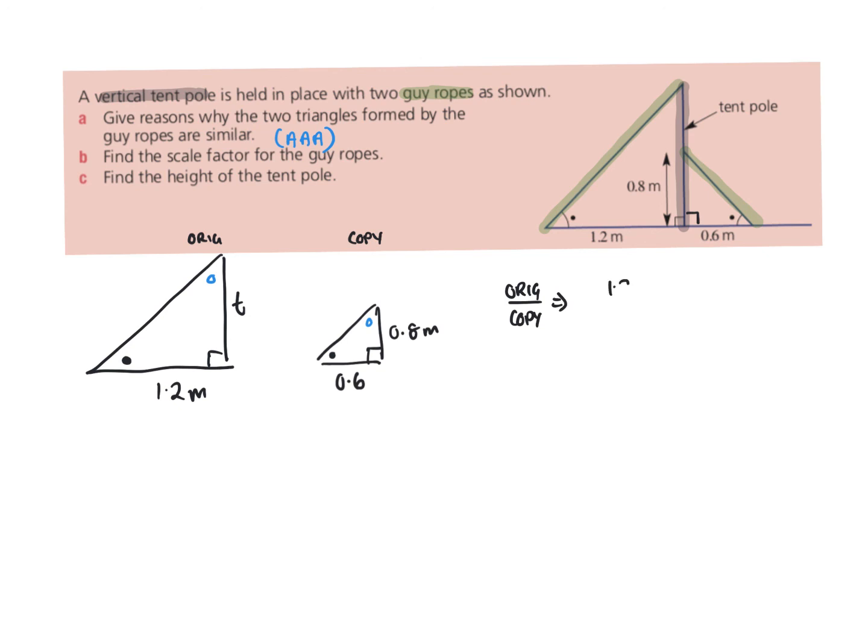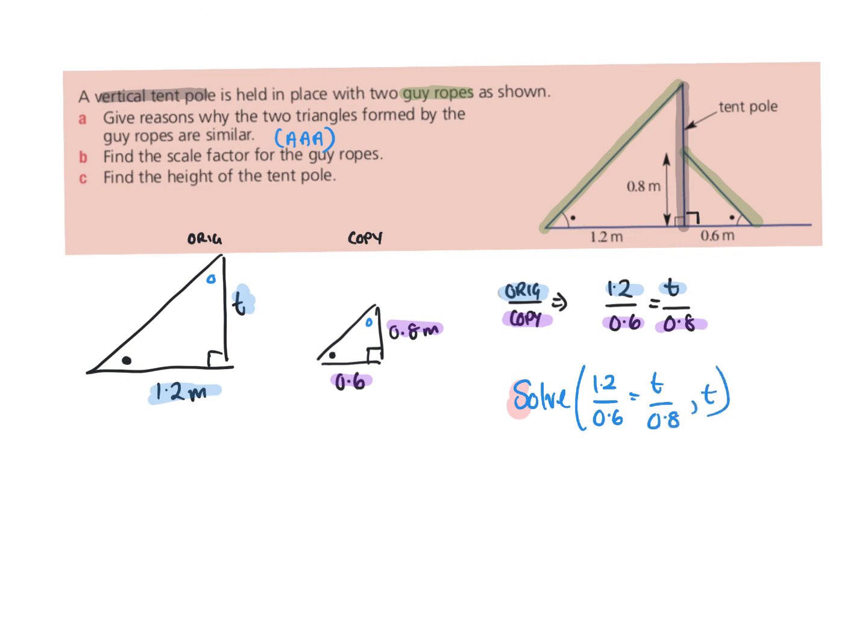So I can say 1.2 over 0.6 should equal T over 0.8. These two things come from our original shape, and these two pieces of information came from our copy. Then you can just use your solve if you like. So we can go solve 1.2 over 0.6 equals T over 0.8, comma T. So when you don't have to say the scale factor, we can just solve it like that.